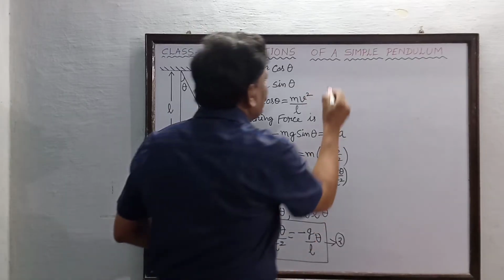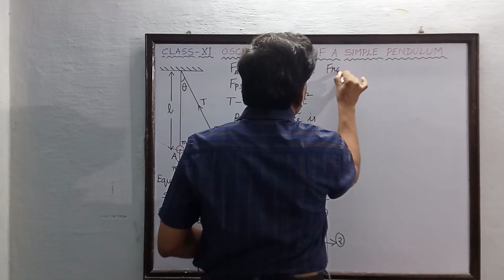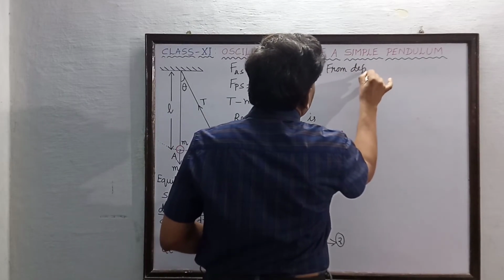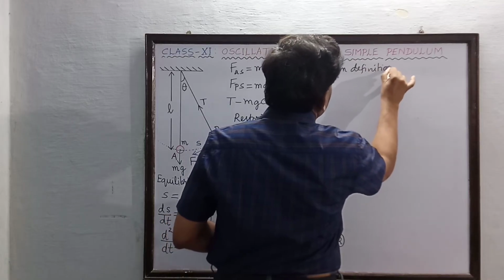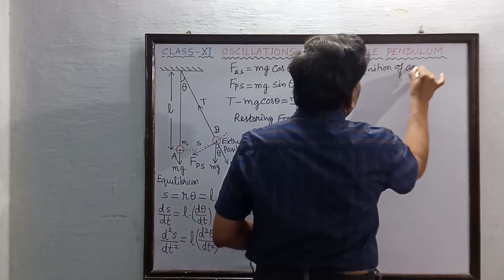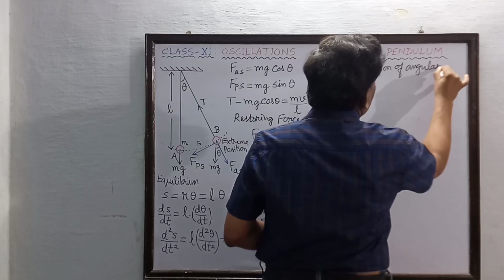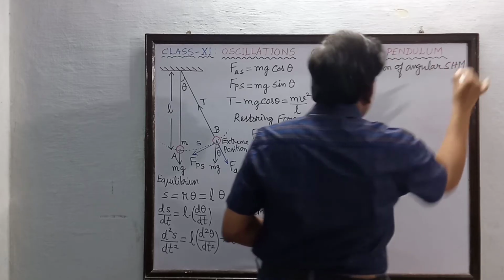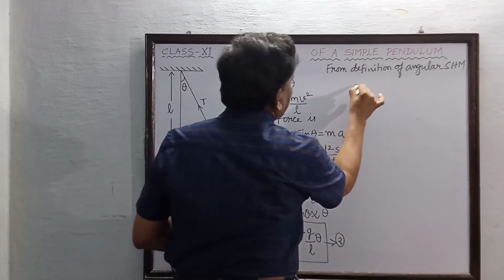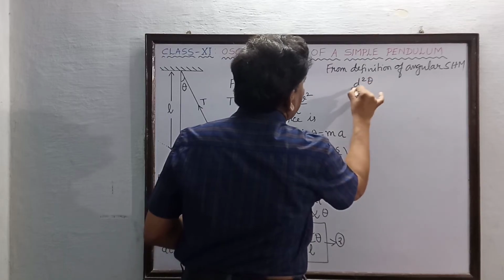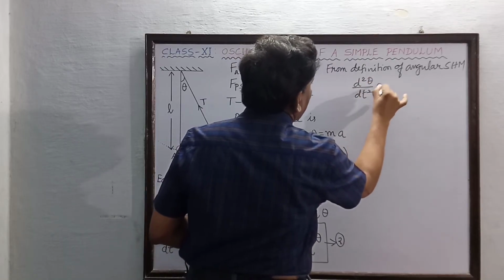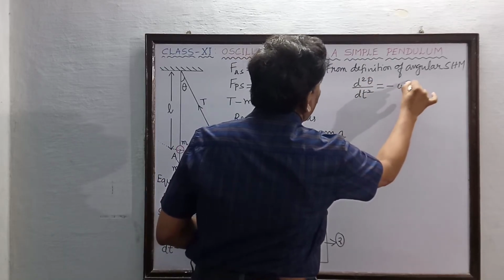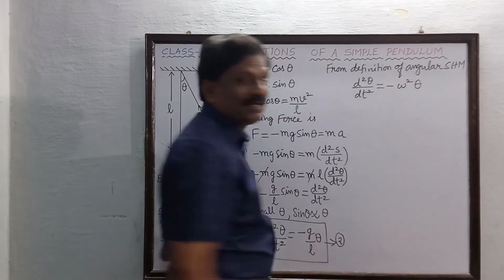So I am rewriting that from the definition of angular simple harmonic motion: d square theta by dt square is equal to minus omega square times theta.